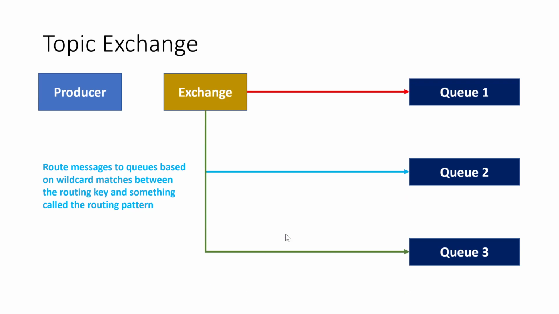So you have the binding, and here is something called the routing pattern. The routing pattern always has a period, and then the pound symbol says 0 or more characters after na.sales. Same thing, eu.sales.pound, na.pound.